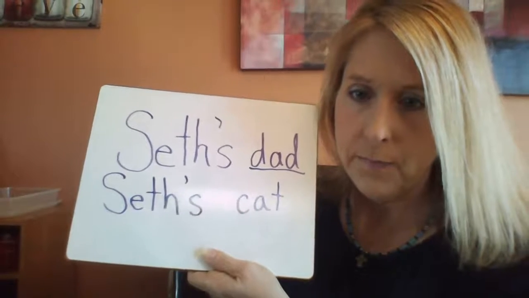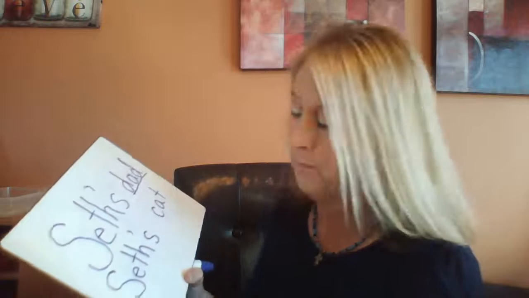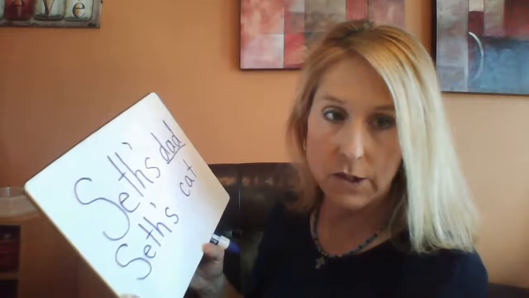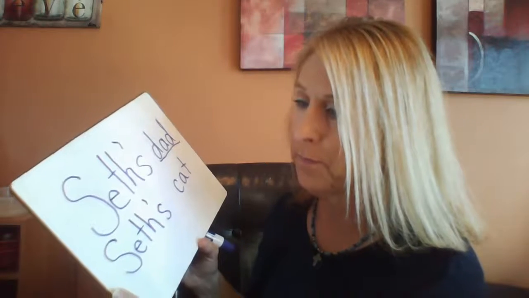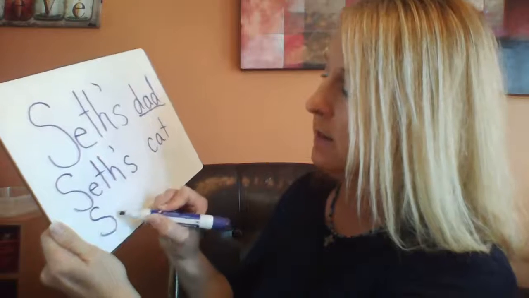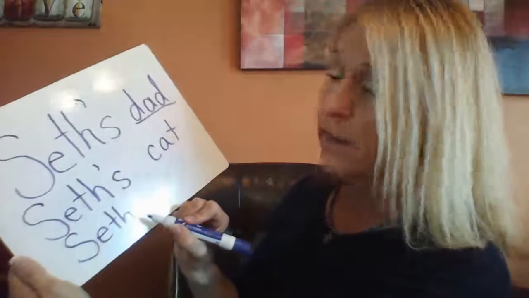Hold on. Okay. Let's have one more thing belong to Seth. How about Seth's dog? How would you spell Seth's dog? You guys do it, and I'll see if it matches mine. So we're going to do capital S-E-T-H, Seth.